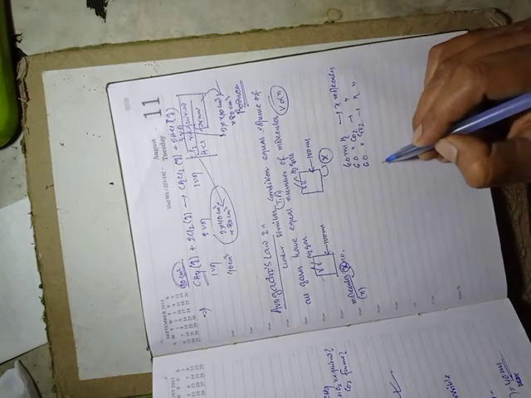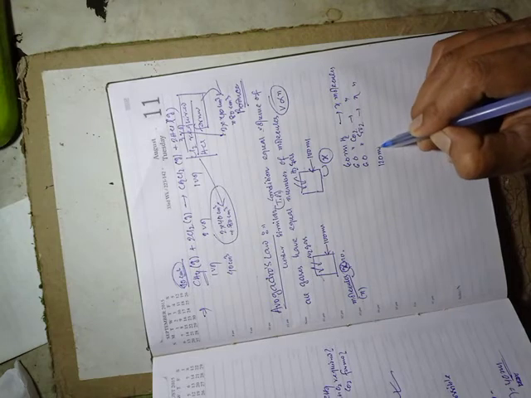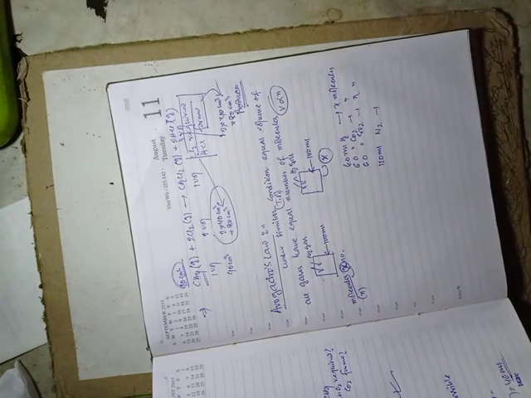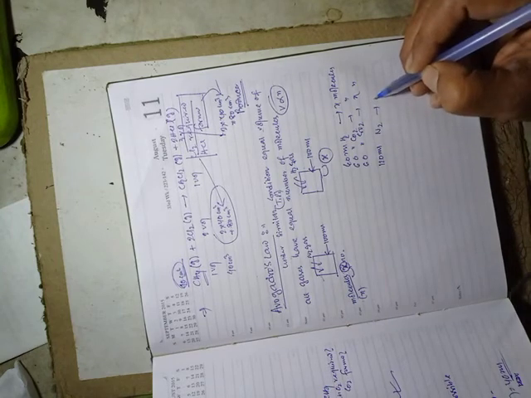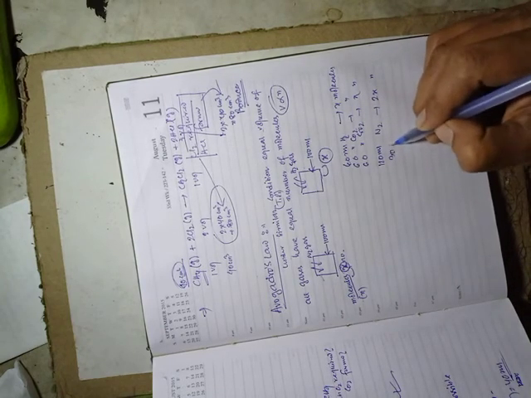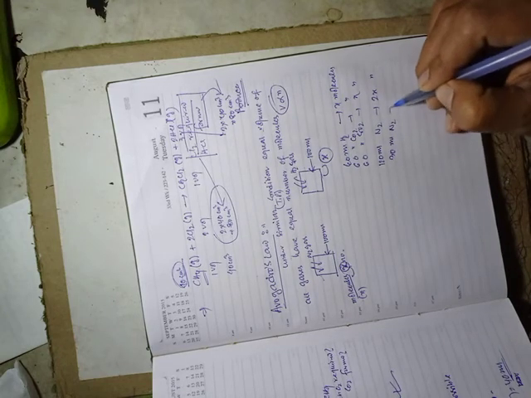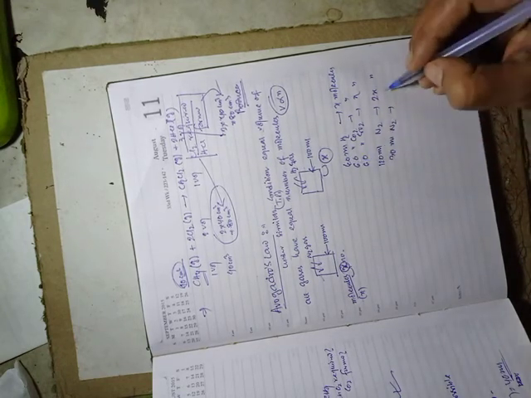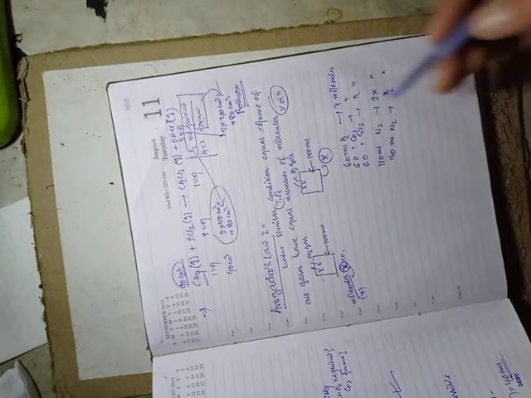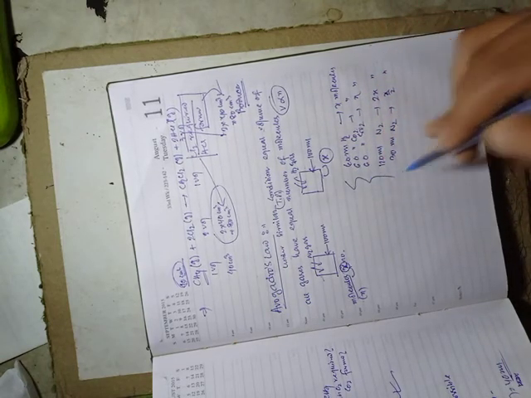Now suppose 120 ml nitrogen. 60 into 2 means 2x molecules. Similarly, 30 ml of nitrogen is half, so x by 2 molecules. There is a simple ratio between the number of molecules if the volume is equal.